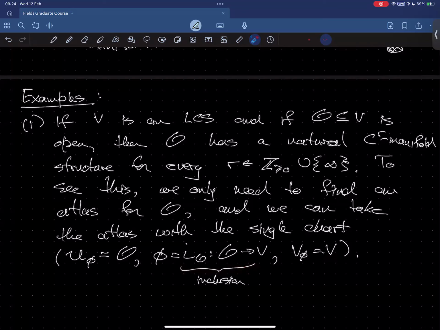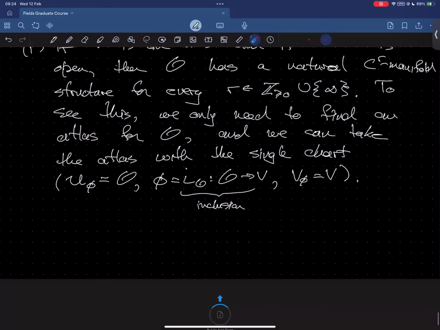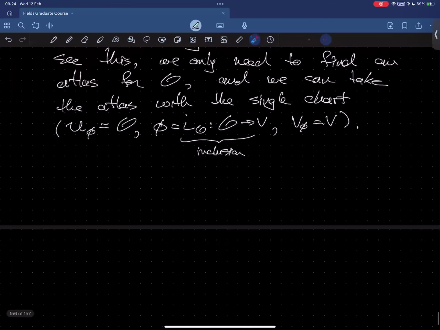The requirement is that this map has to be a bijection from O onto an open subset of V. That's obviously true, because if you take the inclusion of O in V, its image is O. So it's a bijection onto O, essentially the identity map. Okay. All right. So that's a chart.